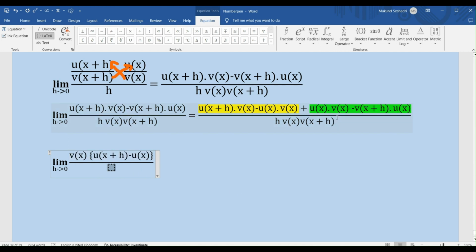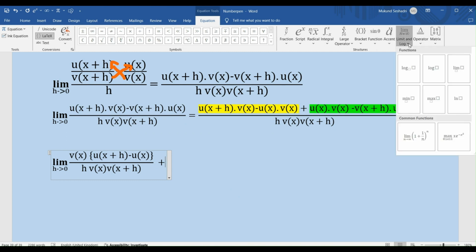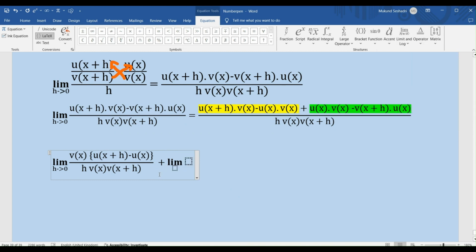Divided by, I still have this out with me here. And then I am going to write this out for the green portion, right?